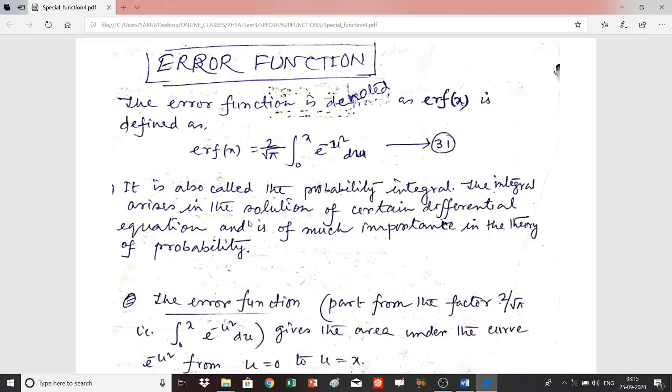To solve different kinds of differential equations, we frequently employ the error function, and then the solution becomes easier. It is also promisingly used in the theory of probability, and is much more important in probability calculations in statistical mechanics.